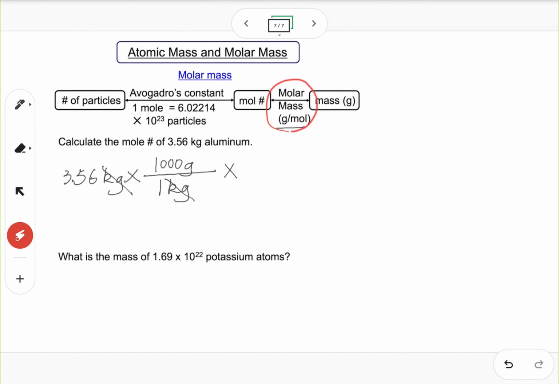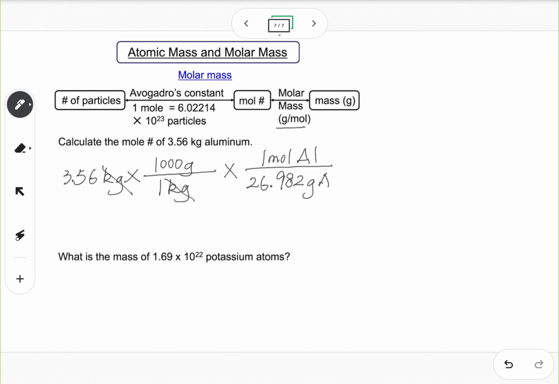So when you use the molar mass for aluminum, you have to set up the equation properly. For 1 mole of aluminum, according to the periodic table, the atomic mass for aluminum is 26.982 gram aluminum. Okay, let me write the aluminum here so you can see my calculation better. All right, now you can cancel the gram, and then the final unit would be just mole.